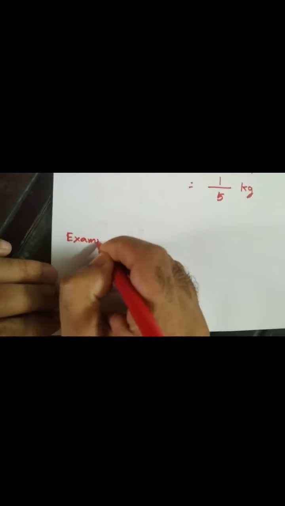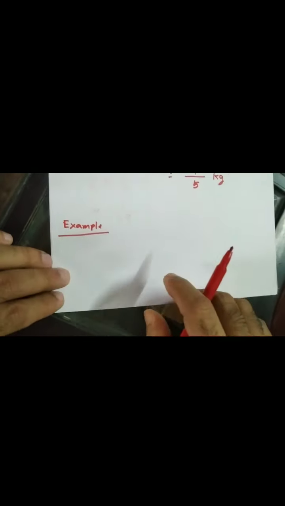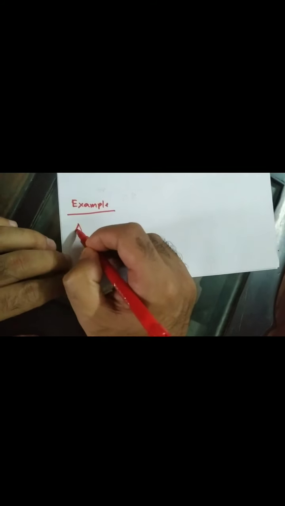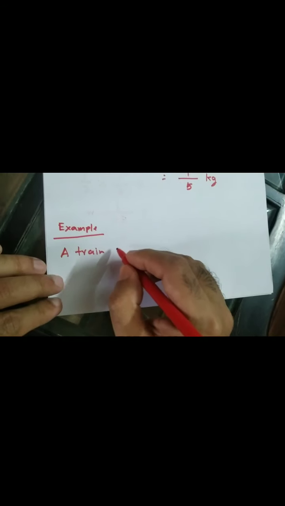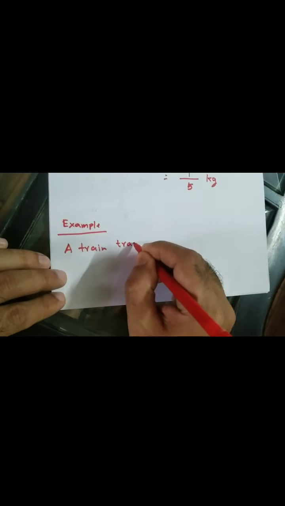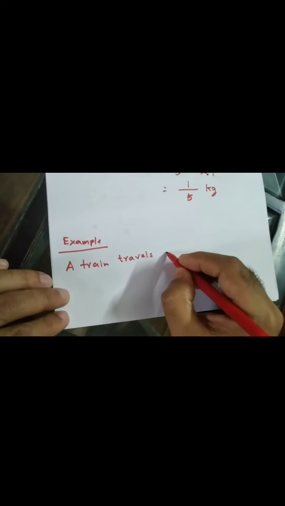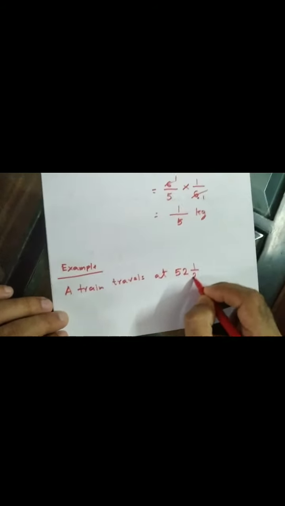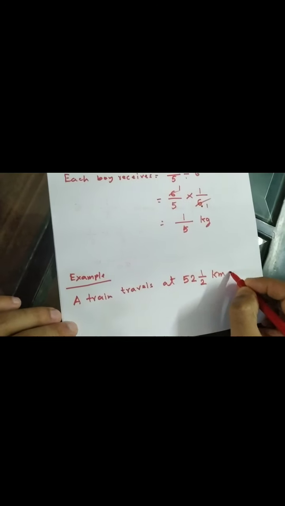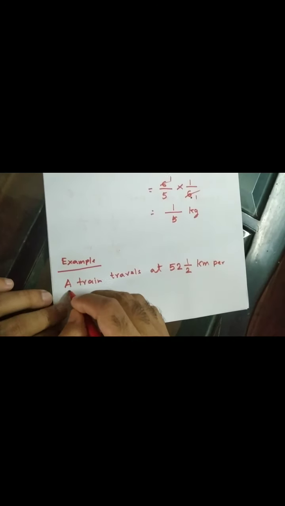Now let's look at some problems involving multiplication of fractions. Let's suppose there is a train and it travels at say 52.5 kilometer per hour.